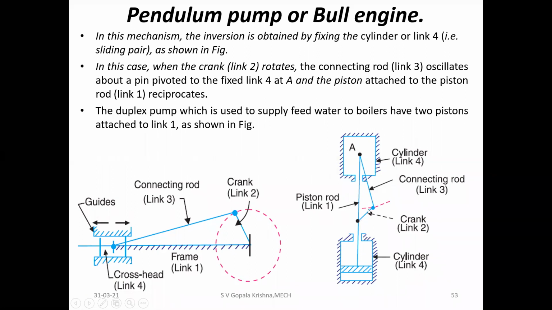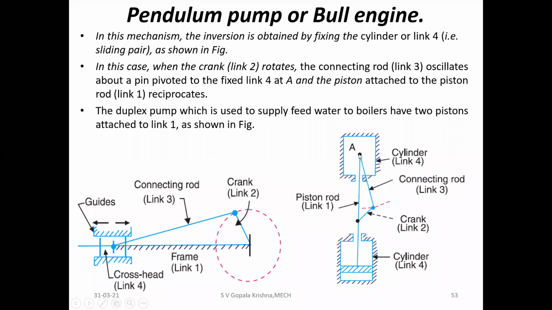When the crank rotates, the motion is transmitted to the connecting rod, and the connecting rod is directly connected to the cylinder and piston. That piston is reciprocated by this connecting rod motion.